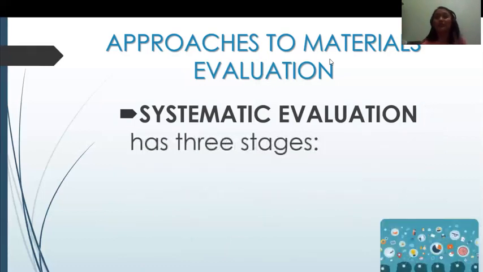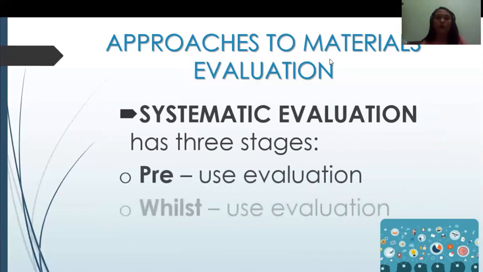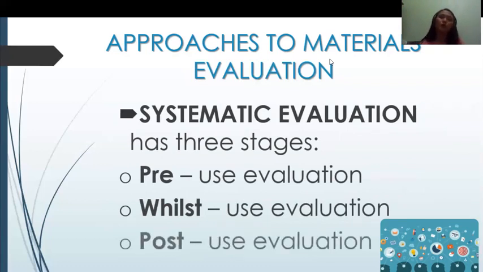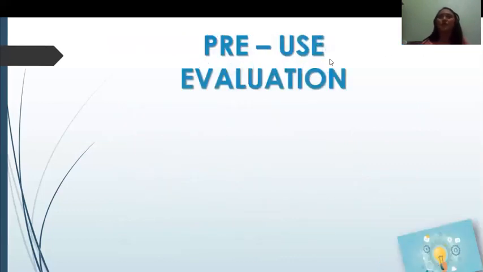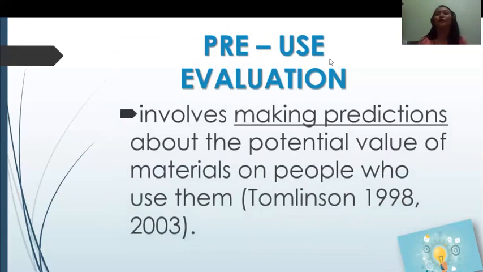So it has 3 stages. So we have pre-use evaluation, whilst-use evaluation, or known as while-in-use evaluation, and post-use evaluation. So let's discuss pre-use evaluation. Pre-use evaluation involves making predictions about the potential value of materials for people who use them.